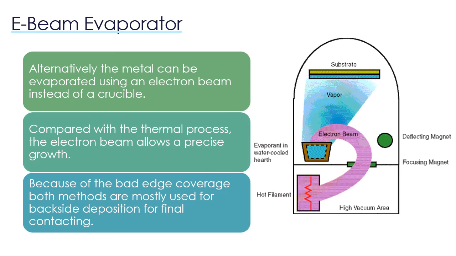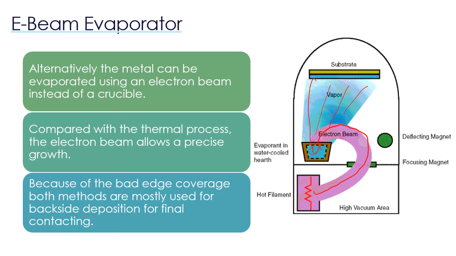The e-beam is created from the hot filament, and then it goes here and makes the material vaporize towards the substrate. Compared to the thermal process, the electron beam allows precise growth.